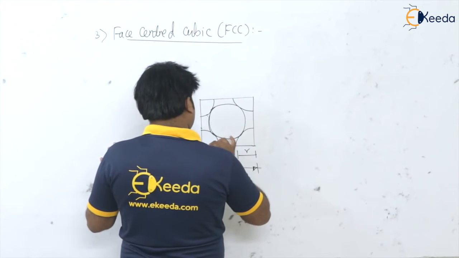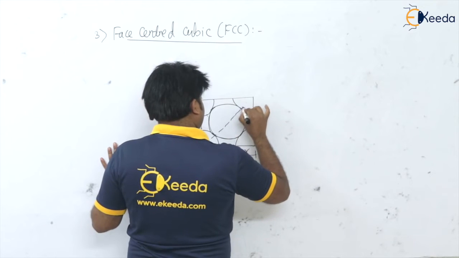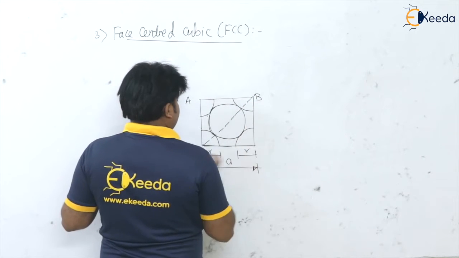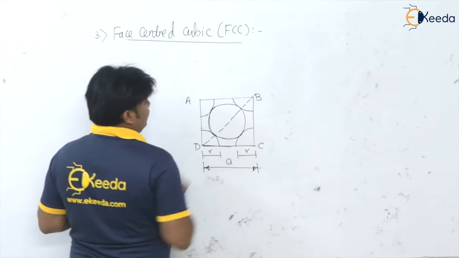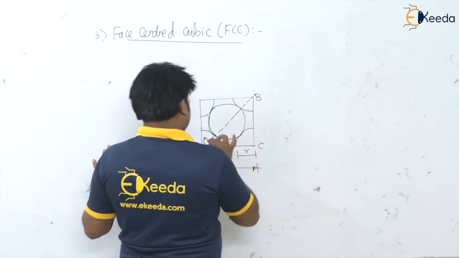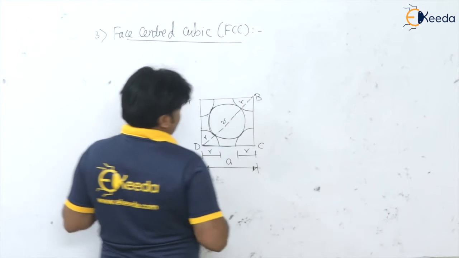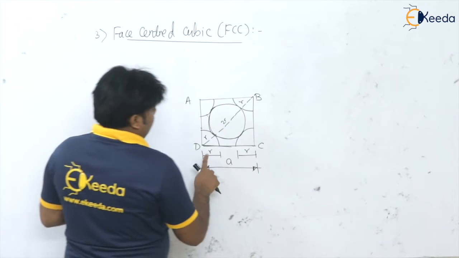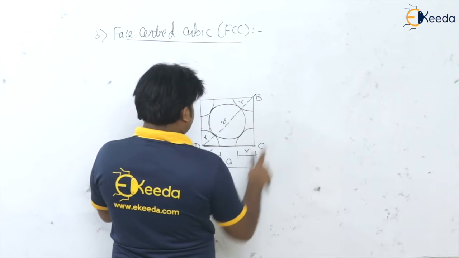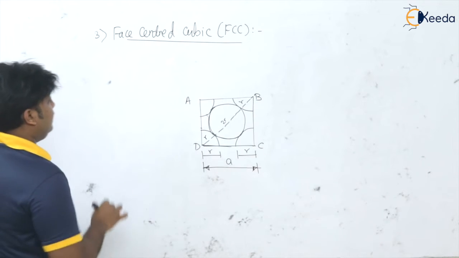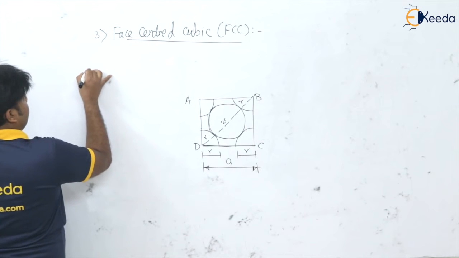So see here, this is A, B, C and D. Here this is R, this diameter is 2R, and this is R for this atom. If we use Pythagoras in triangle BCD, what can we write?